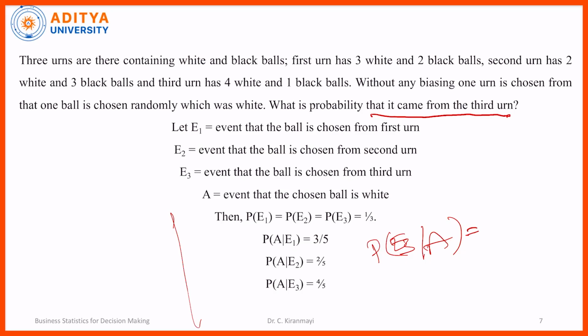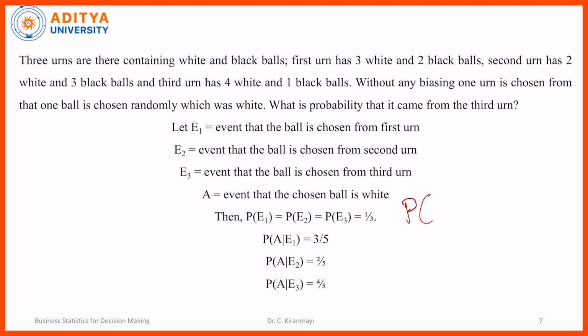The formula to find this is P of A into P of E3 into P of A given E3, because initially an urn was selected. Now let us see how to compute the required conditional probability using Bayes' theorem.